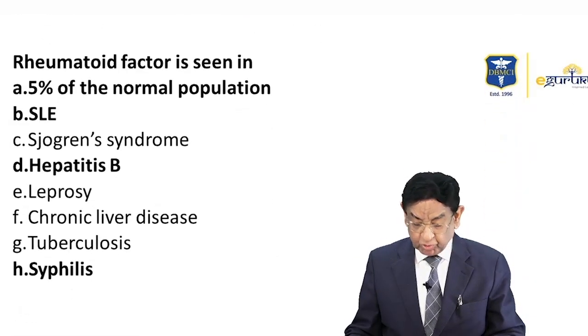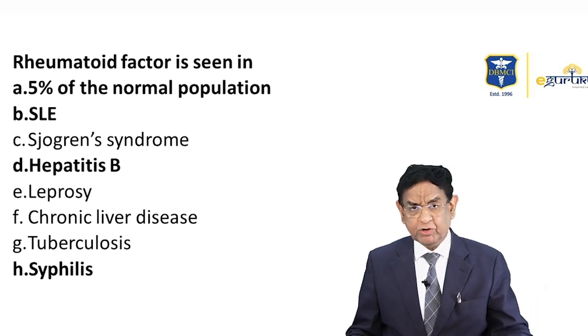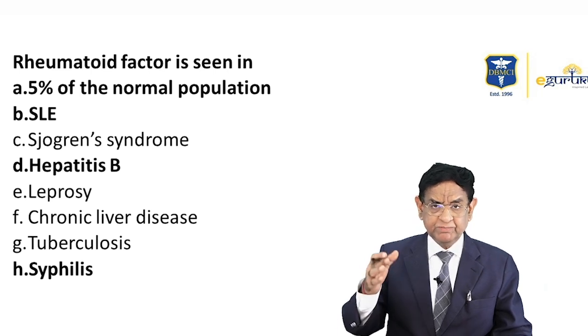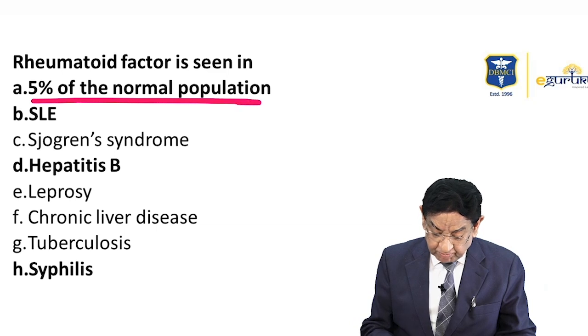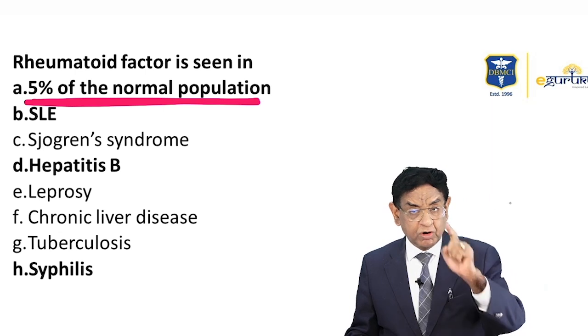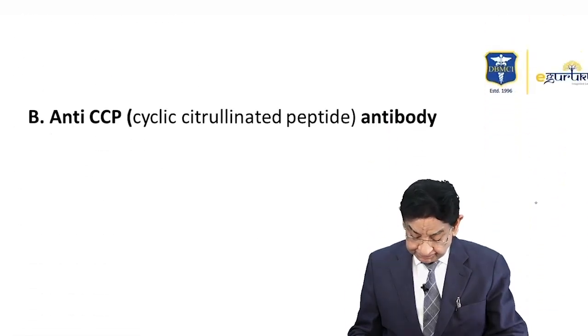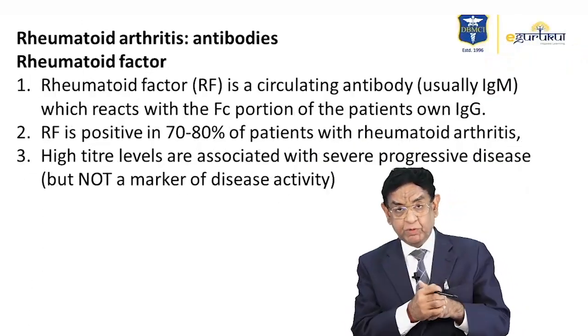Now let's read more about rheumatoid factor. Rheumatoid factor, we talked about, is the IgM antibody against the FC portion. Now let's learn more about IgM. This can be there in 5% of the normal population also. Let's read more about rheumatoid factor.